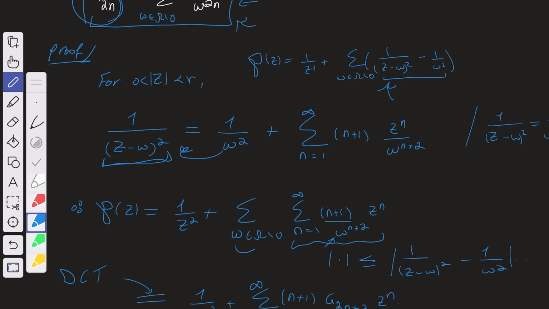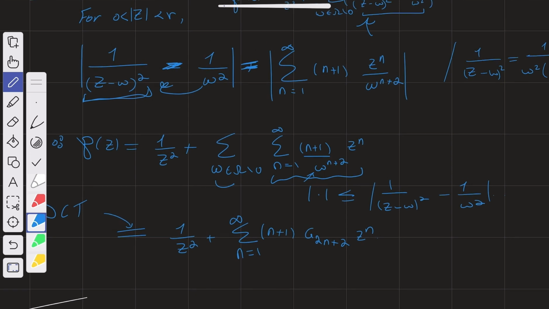Well, the reason we can do that is that if you look at this sum in absolute value, this will just be equal to this in absolute value. And thus, since we know that the tail of the series is absolutely convergent, we have by the dominated convergence theorem that switching the sums is okay.